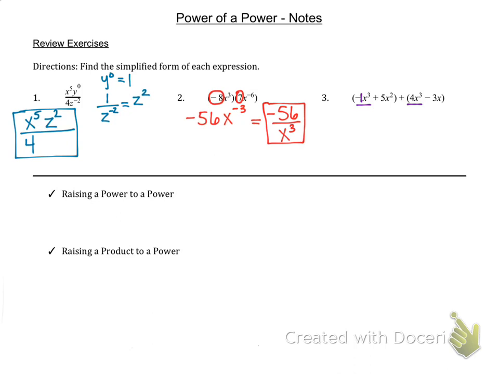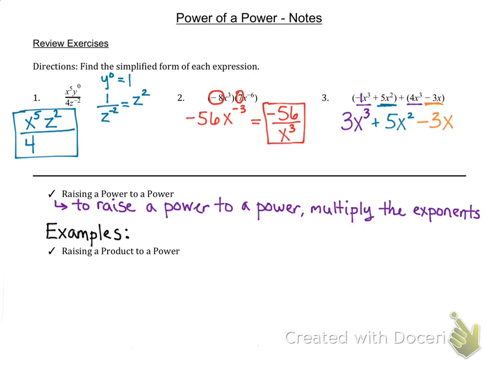So negative 1x cubed plus 4x cubed is 3x cubed. The next monomial with the largest degree is 5x squared. So I'm going to write that second. And then the last term we have is the negative 3x, which I'm going to write last, minus 3x. And there is our answer.